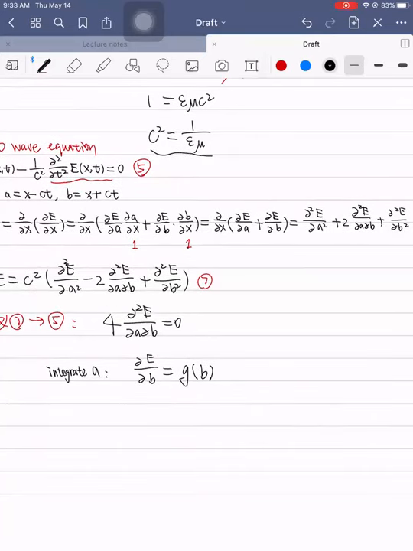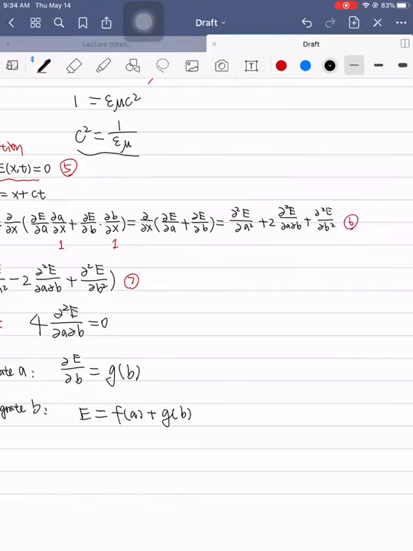If we continue to integrate this equation with respect to B, it comes out.